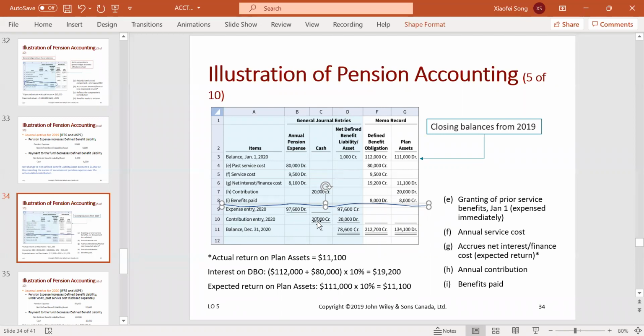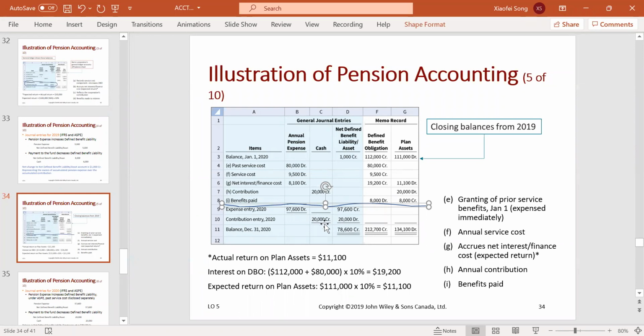But what is down here is essentially a summary of the journal entry. When you sum up all the items that increase expenses, that will be your total pension expense, and that needs to be recorded. The journal entry will be debit pension expense, credit net defined benefit liability. And the cash contribution, that's a real transaction, and we need to record that.